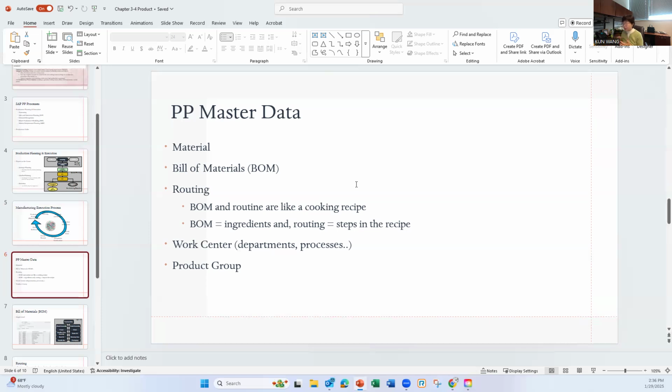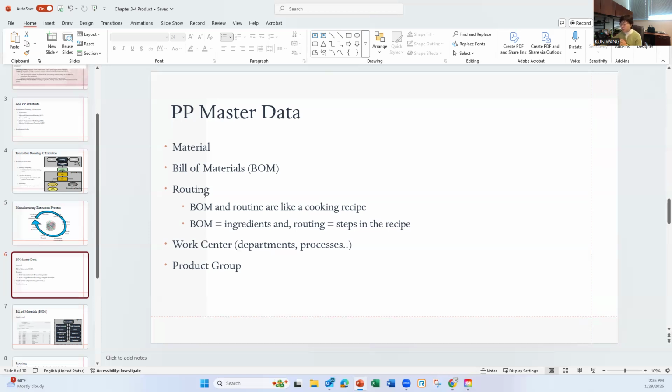It can be very different because the processes can be parallel to each other or assembly based, right? So depending on the steps for the products, you need to design another routing master data for the products.